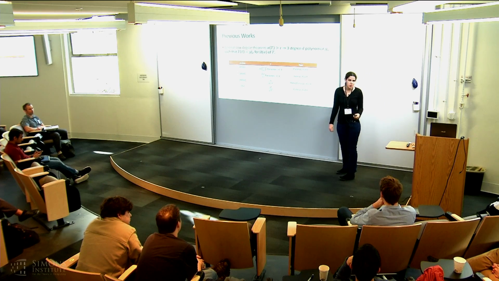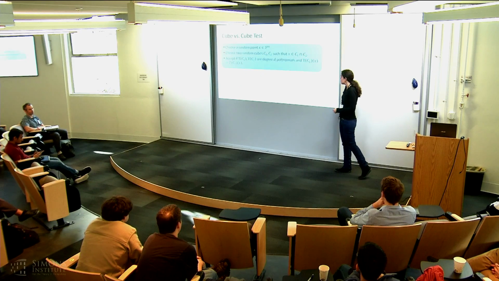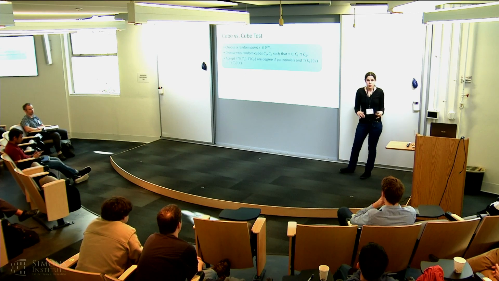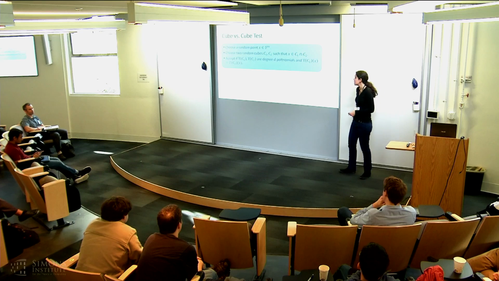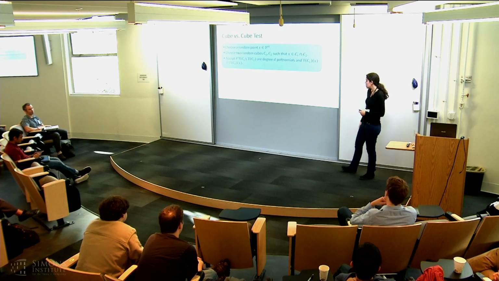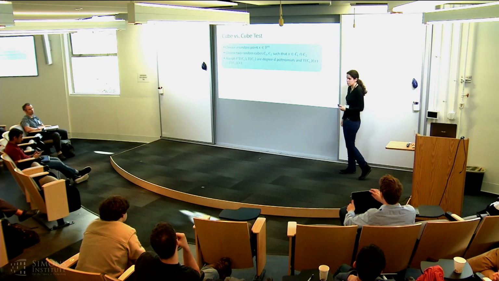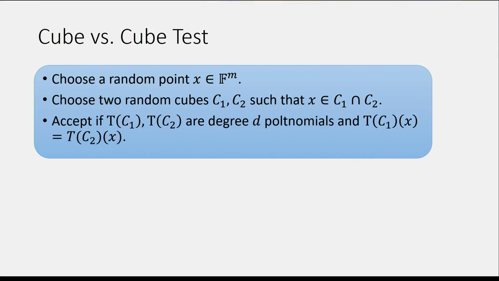Okay, so I'm going to now formally state the test and then our result, and then I'll give a little bit of intuition about how we did the proof. So the test is the cube versus cube test. We choose a point in F^m, and then two random cubes, which are dimension 3 F^n subspaces, that intersect on this point. And we accept if we read entries that are degree D polynomials and consistent.